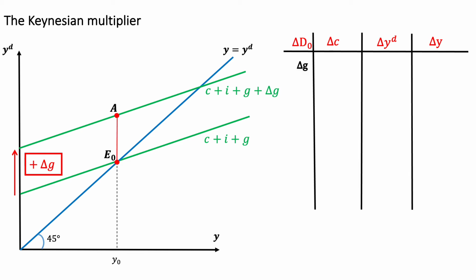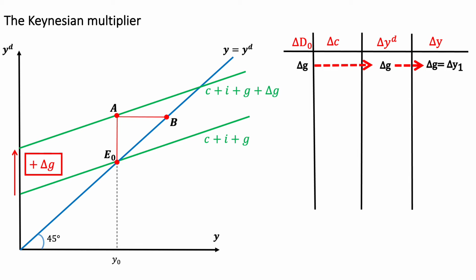Well, first, demand increases and we get to point A. At point A, demand is higher than production, so the supply will increase to adjust to the new demand. And so the revenue increases by an amount delta Y1 equals delta G.